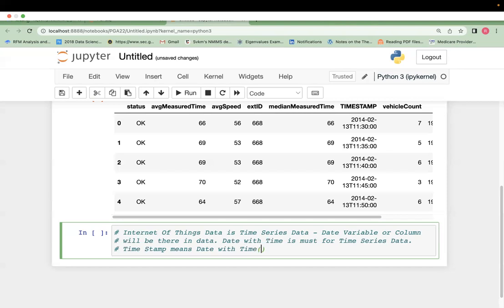Now the time can be hours, minutes, seconds. Sometimes you have more than that also: microseconds, nanoseconds will also be there.